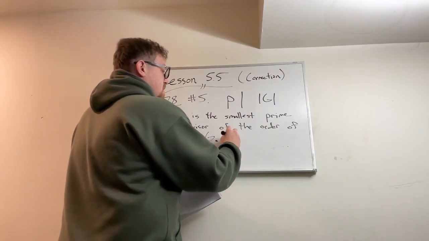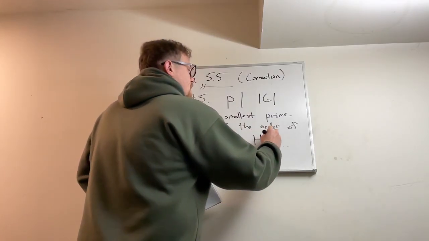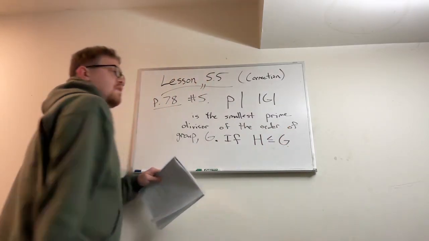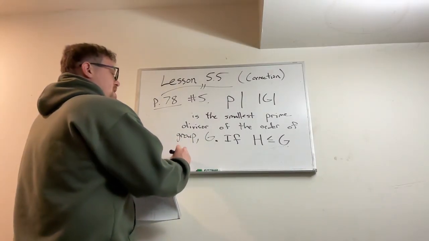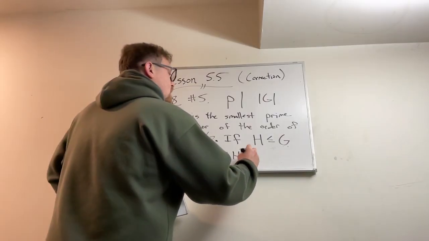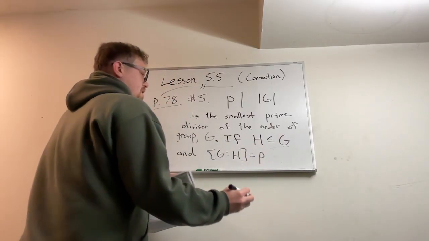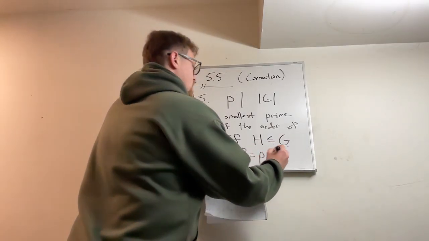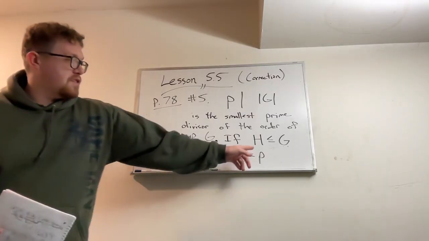So the problem is: if H is a subgroup of G and the index of H in G is p, then we want to show that this subgroup H is normal.